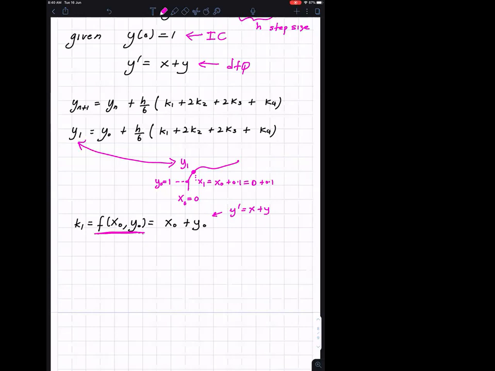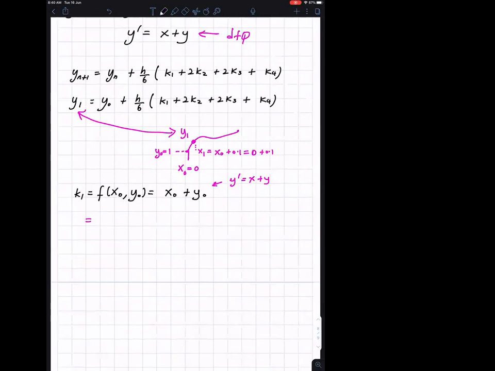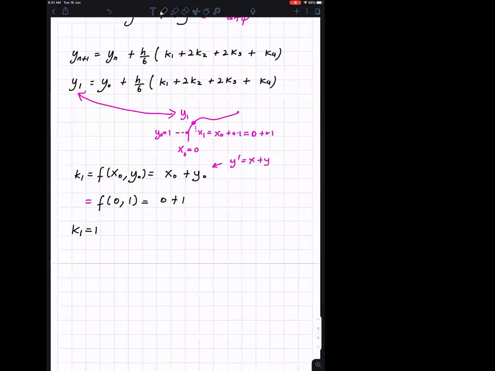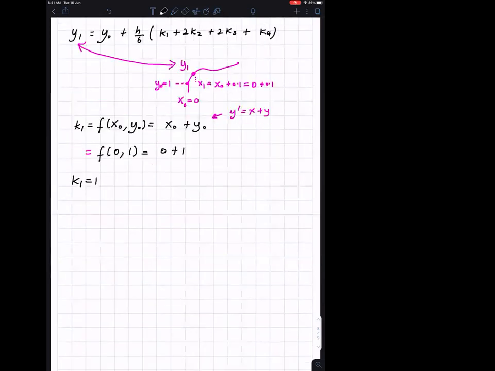The initial point is already there. It's very easy to evaluate this. Equals x0 is 0, y0 is 1. So 0 plus 1. So therefore K1 is 1. Any question? No, sir. Yes, sir.